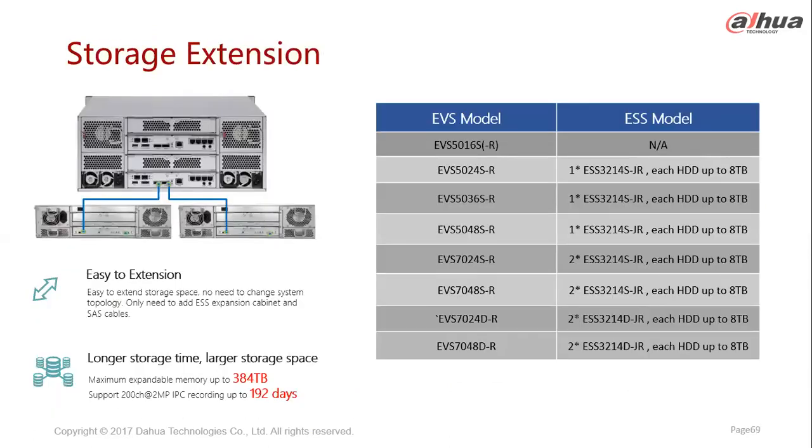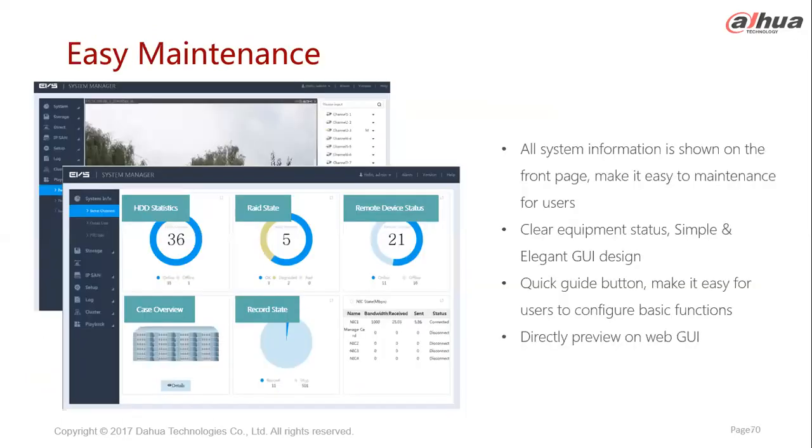I'm not going to repeat about it. A storage extension can extend the storage to achieve more HDD. Easy maintenance. EVS is very easy to configure, just like next, next, and everything is up and running.